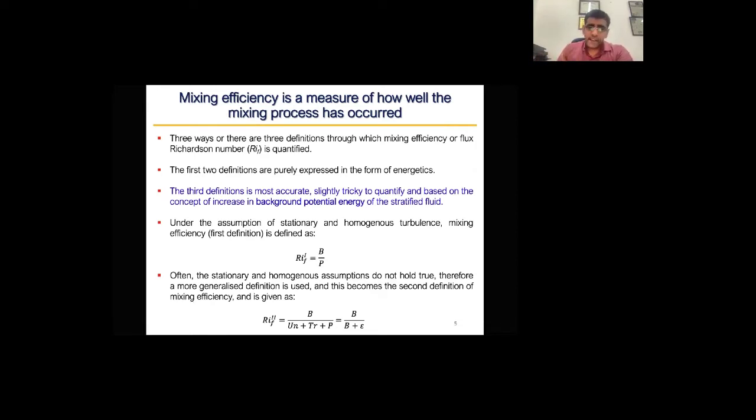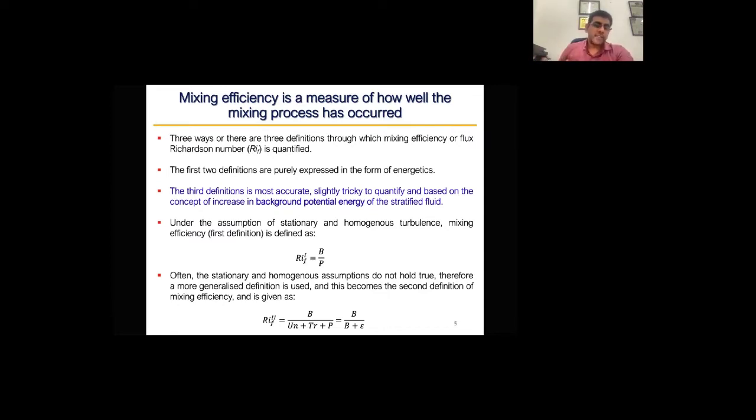The very basic definition, if I put it in a phrase, is how much kinetic energy has gotten converted into potential energy. So what is the efficiency at which your kinetic energy is converted into potential energy? That is what Ri_f represents. If Ri_f is very small, that means a small portion of your kinetic energy is going into buoyancy.